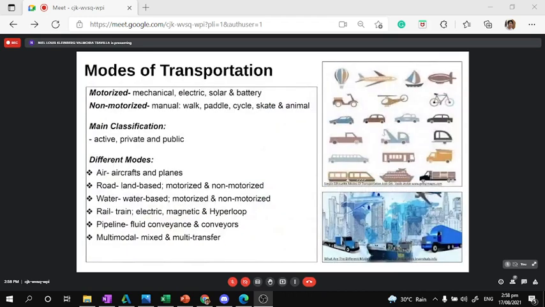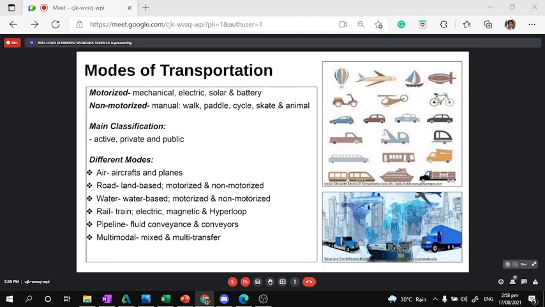Okay. So let's go to modes of transportation. So in our transportation engineering, our transportation system is defined by the different vehicles that use it, and we call it modes. So the modes are classified into two. We have motorized and non-motorized.